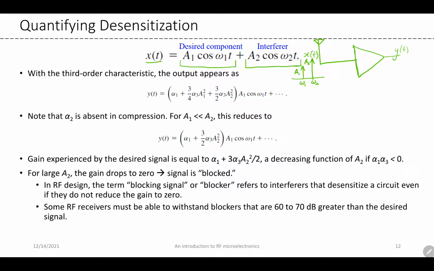Now it goes to drive my amplifier. If I look at the third order characteristics, the output looks something like this. If you do the maths, you will see that for the fundamental tone at omega 1t, I'm not talking about omega 2t, even for omega 1t, the gain would be a term which looks like this.